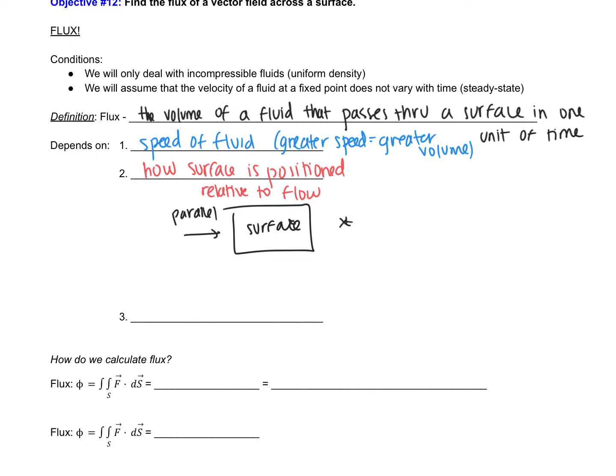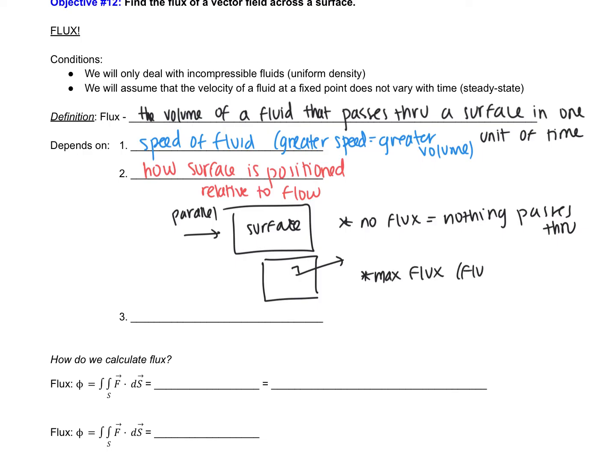Then there's no flux, because nothing passes through. If the fluid is moving parallel to the surface, nothing can pass through. On the other hand, let's say you have a different surface, and this time the fluid is perpendicular to the surface. This is when we have maximum flux.